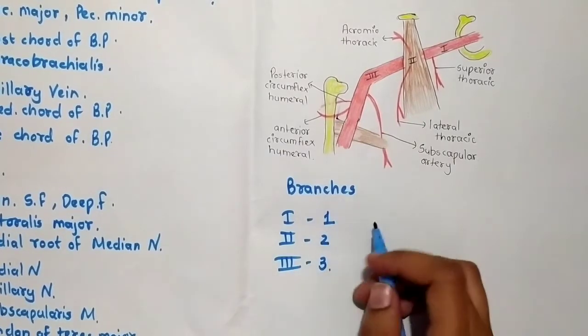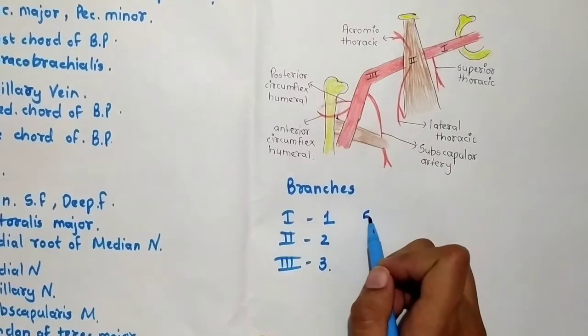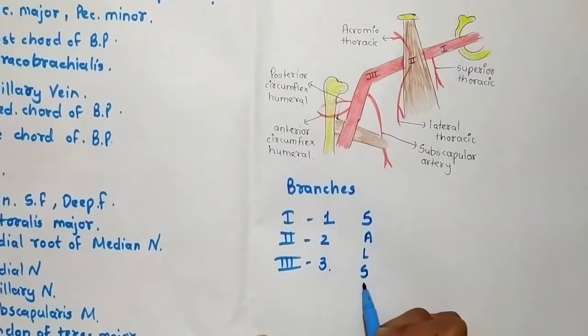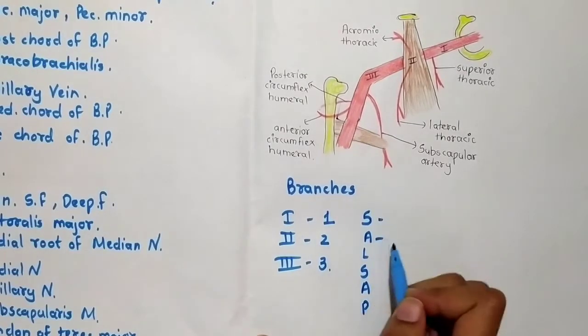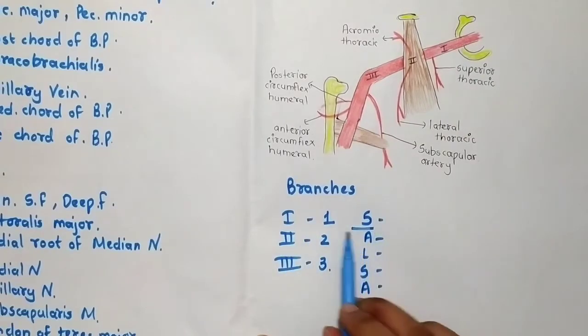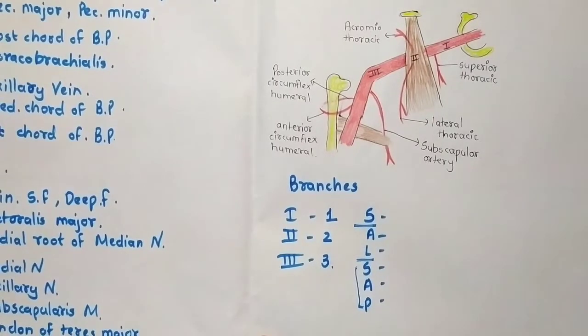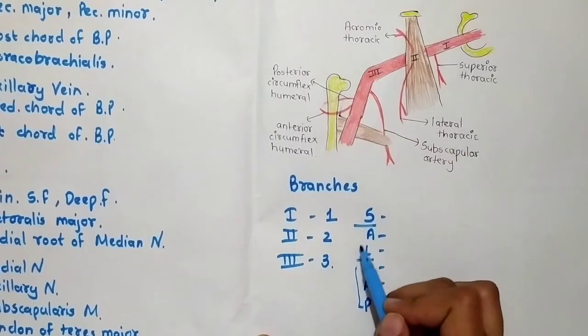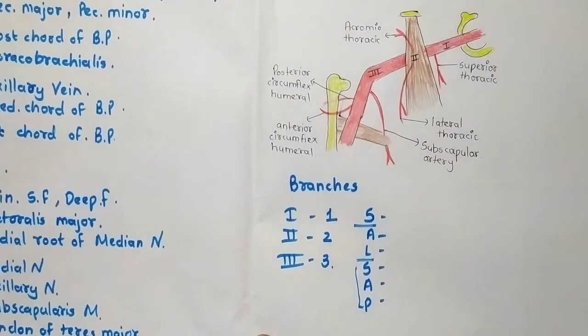Okay, so there is one mnemonic, which is SALSA, and P. This one S from the first part, these two from the second part, and these remaining three from the third part. Also remember that in the first three branches the word thoracic is present.